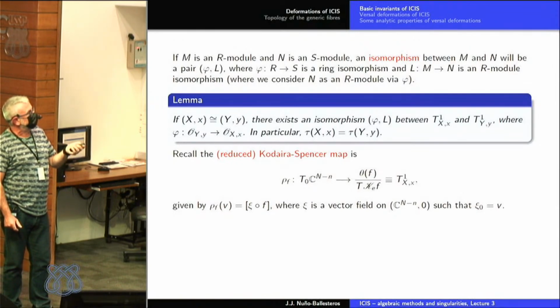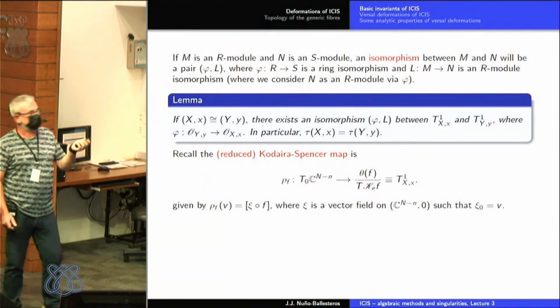So rho F of a tangent vector v is the residue class of the composition of a vector field with F, where this is a vector field which is an extension of the tangent vector. So take any vector field such that at the origin is the tangent vector, and then composed with F, this gives a vector field along F. So just take the class of this.